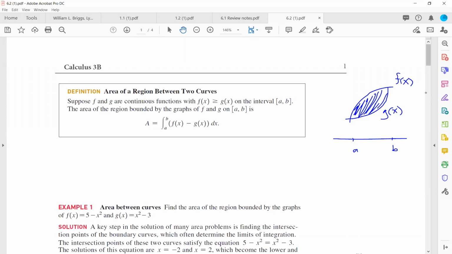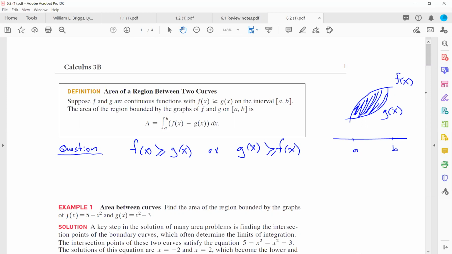So here's a question. What if you don't know if f of x is greater than g of x or g of x is greater than f of x? Suppose you have two complicated functions and you don't know which one's which.